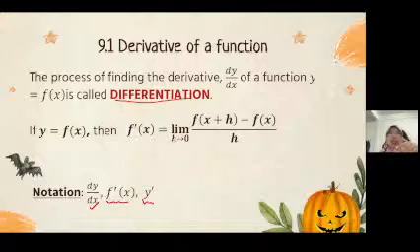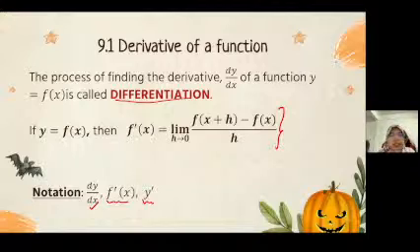So sometimes we use dy over dx, sometimes we use f prime, sometimes we use y prime. Okay, so if y is equal to f(x), then f prime of x is the first principle of differentiation, which is the limit as h approaches 0 of f(x plus h) minus f(x) over h.